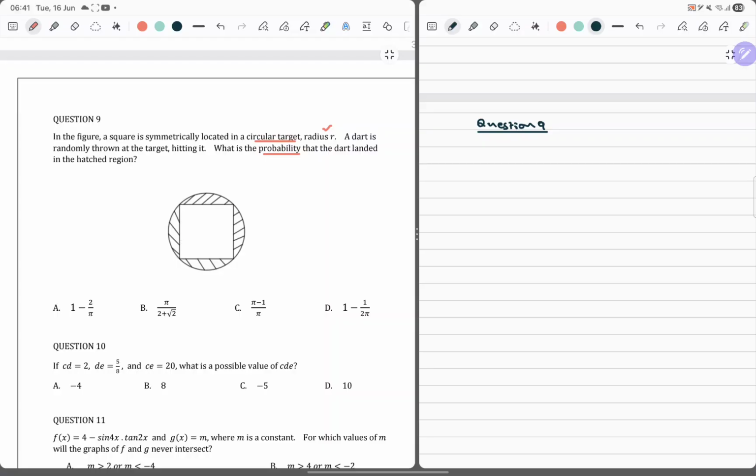Okay. Now remember, this is a circle, so a circle will have a center somewhere, right? And if this is a square, we know that the opposite angles are equal, 90 degrees, right?